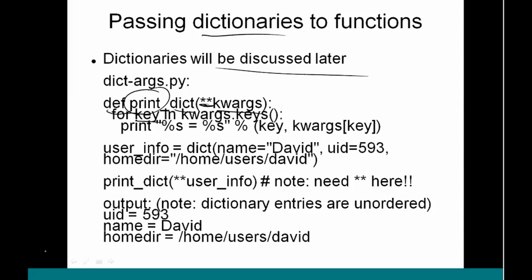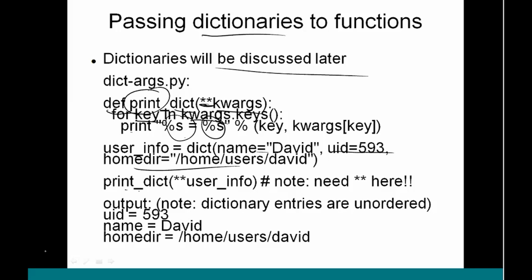For each key in kwargs dot keys, we can print what is the key and what is the value. So here is an example: user info is a dictionary with name, user ID, and home directory. There are 3 fields here.